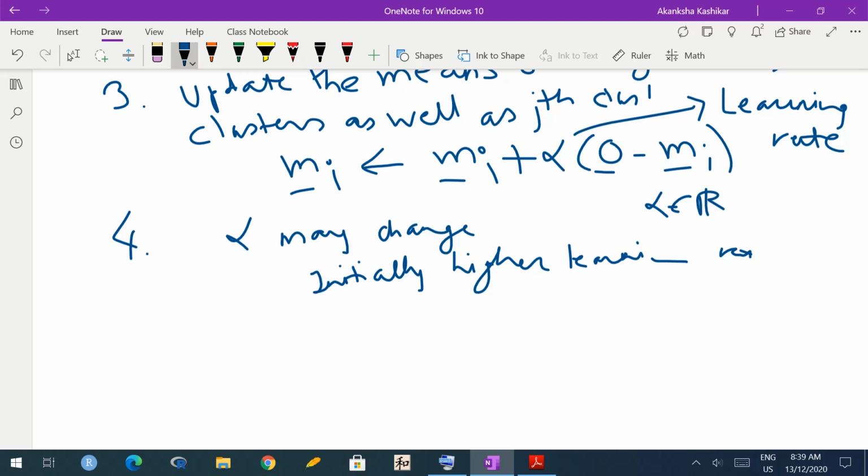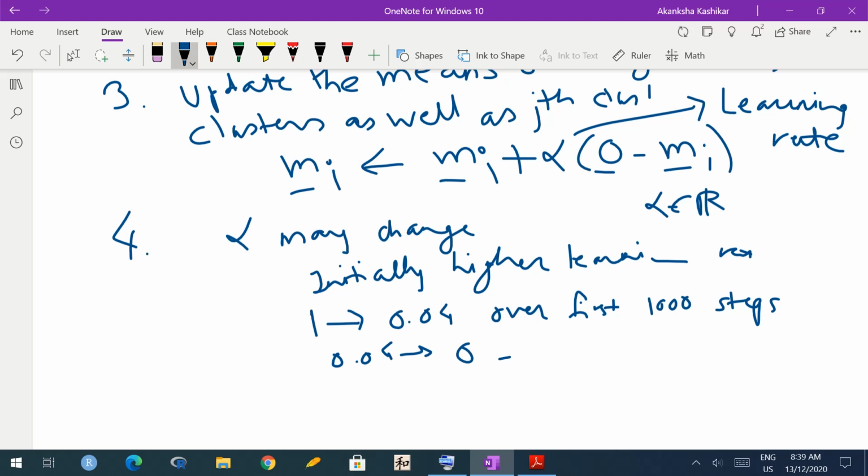So maybe you can let it go from 1 to 0.04 over the first 1000 steps. And then from that point onwards, you may again let it go from 0.04 to 0 in, say, the next 1000 steps.